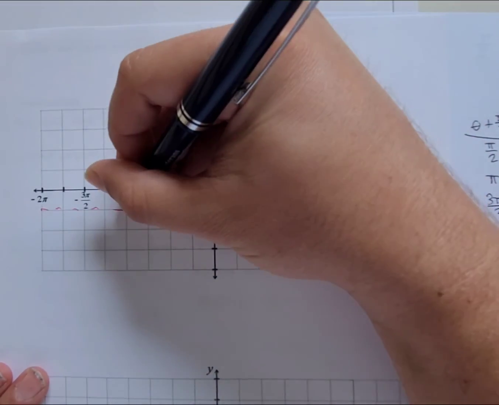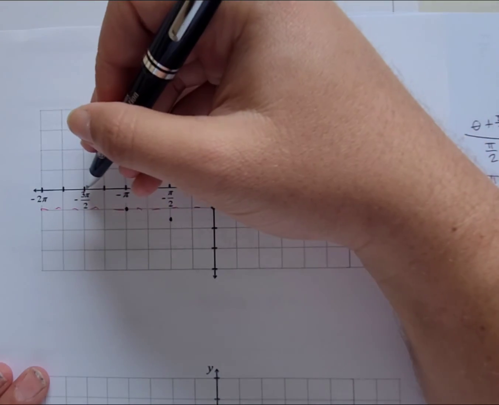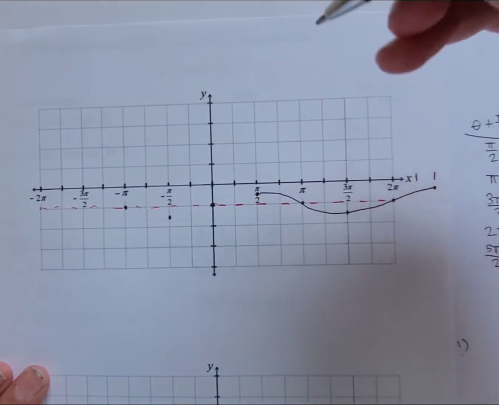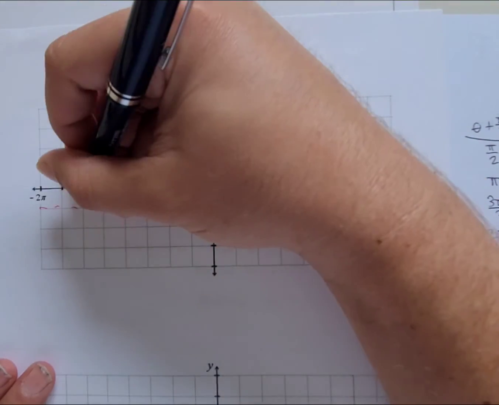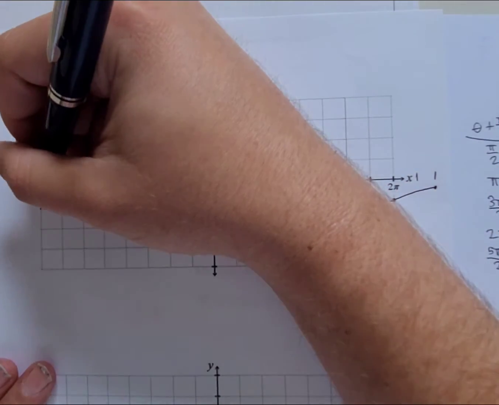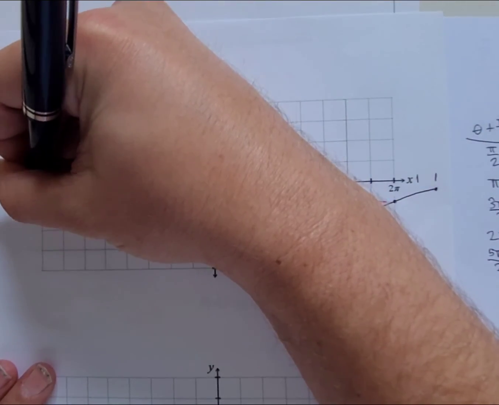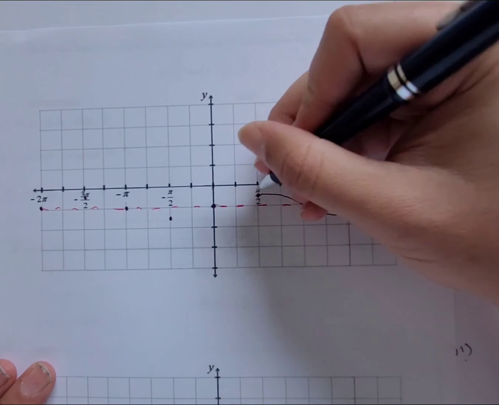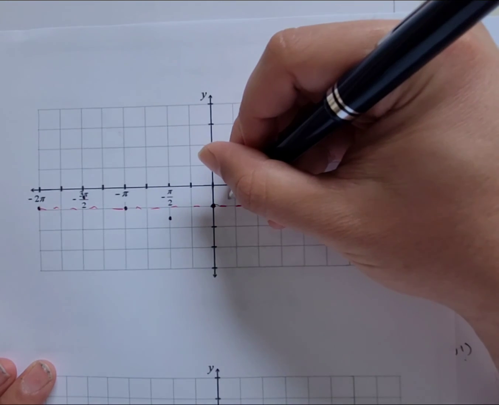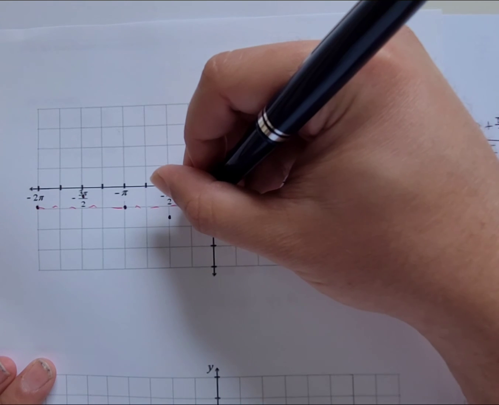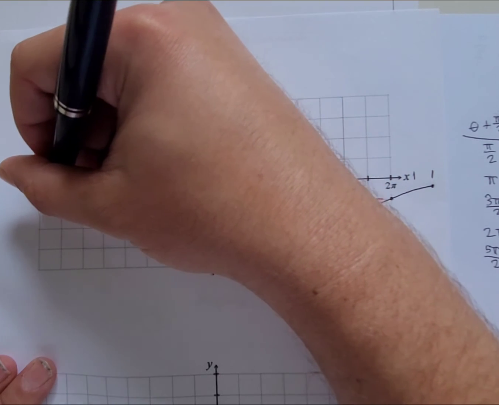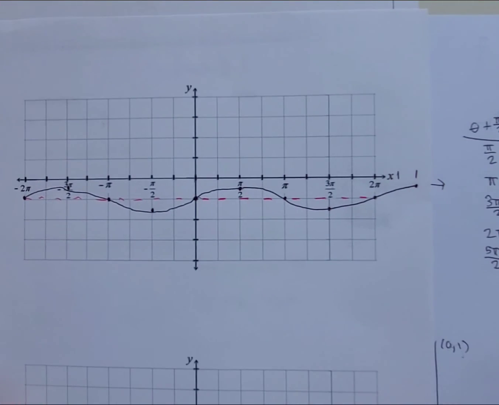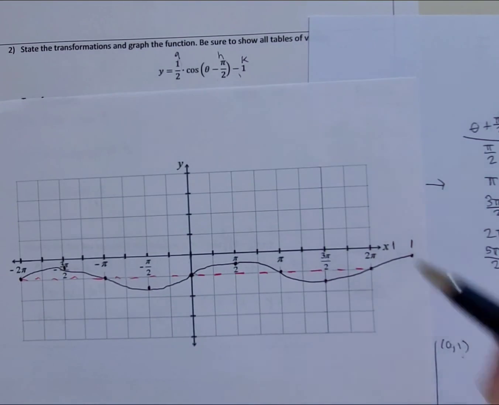Then negative pi, I'm going to go back up to my midline. -3 pi over 2, I'm going to go up to 1/2. And then -2 pi, I'm going to go back to my midline. And I should get a nice wave that repeats. All right, and this is my graph of number 2.